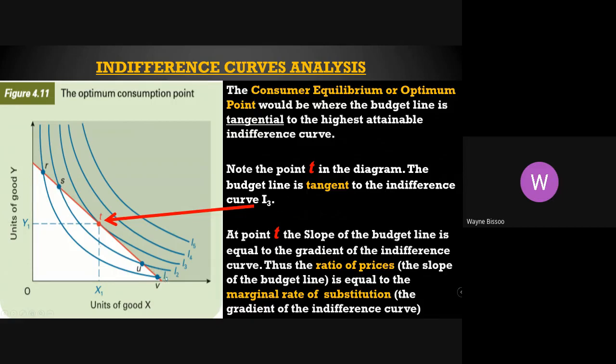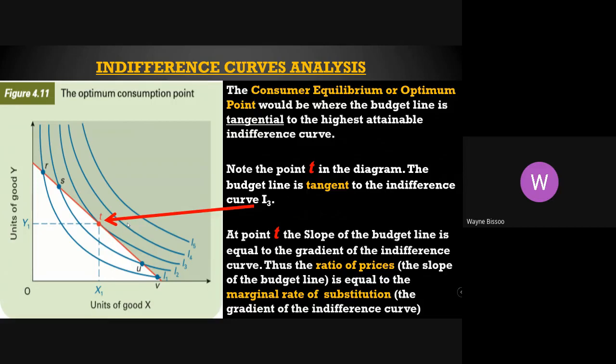I see I1 and I2 at U, V and R and S, but that's not the highest position, because remember, the function of the person is to get to the highest level of satisfaction possible, and the highest level of satisfaction is represented by the highest indifference curve that I can get to, and that will be at I3 at point T. So that point T is our consumer equilibrium position.